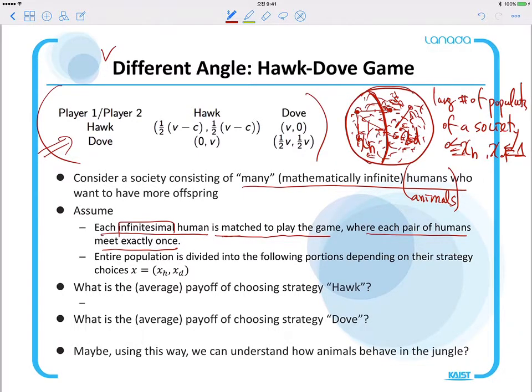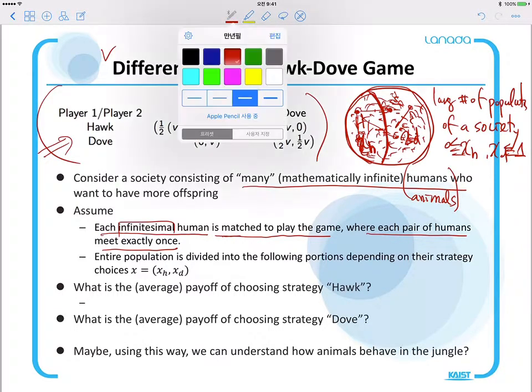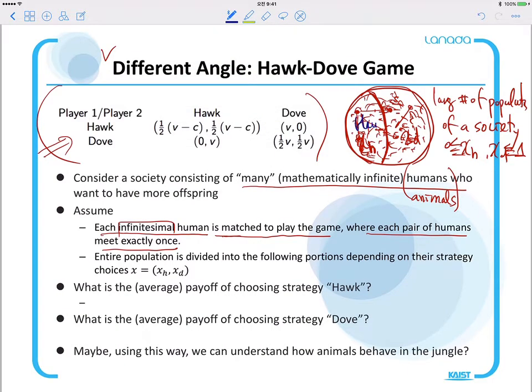So the xh portion of the people chooses the hawk strategy, and the xd portion of the people chooses the dove strategy, and then they meet exactly once and play this game. Let's consider that situation.